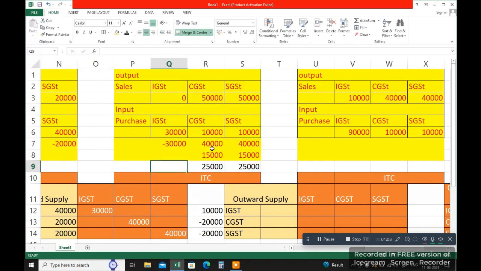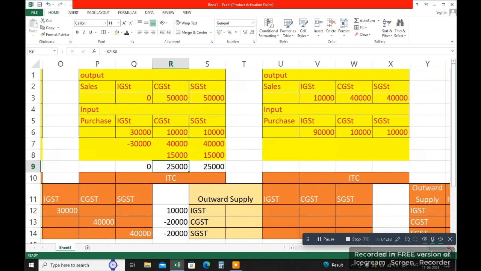So this IGST I am making 0. So you will be paying 25,000 CGST and SGST to the government. Remember, when the IGST is negative and the CGST, SGST is positive, then you can utilize the IGST 50% in CGST and SGST. So it will be payable 25,000. This minus this minus this minus this. Okay. So this is the way you have to utilize.